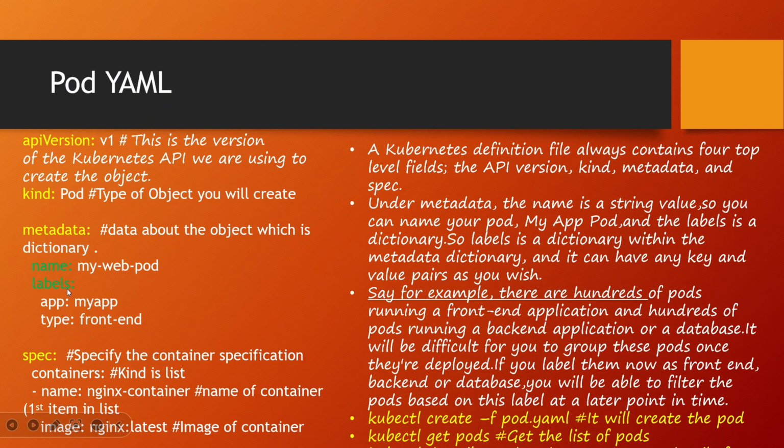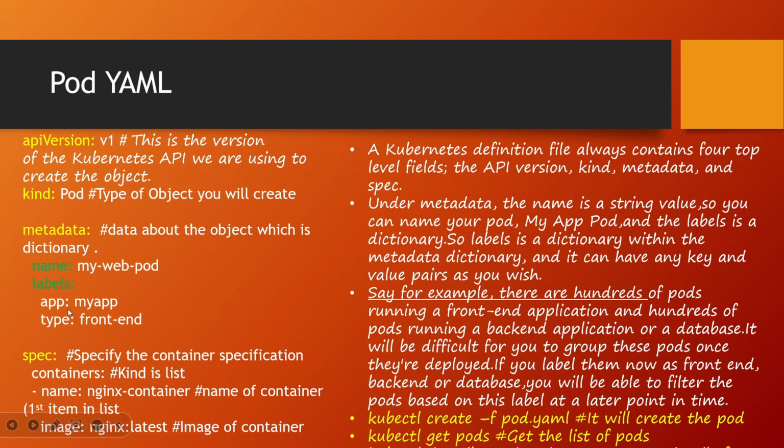I will explain why labels are very important. Inside the metadata, you can check the Kubernetes documentation also to see what fields are allowed. You will see name and labels are allowed fields inside the metadata section, and this is in the form of a dictionary. Again, inside the labels, you have multiple key values. Here you can specify any labels based on your application.